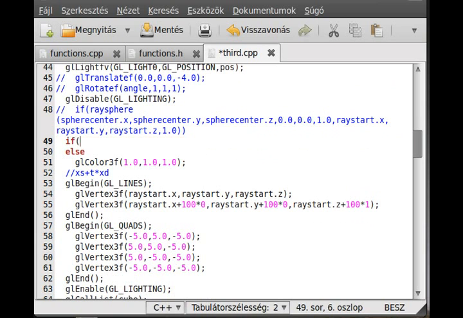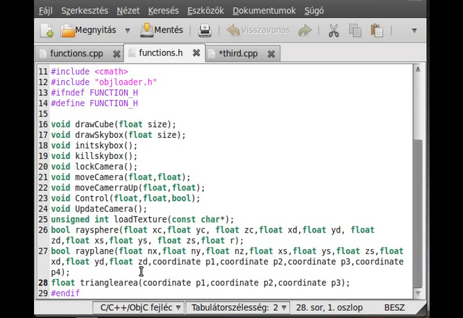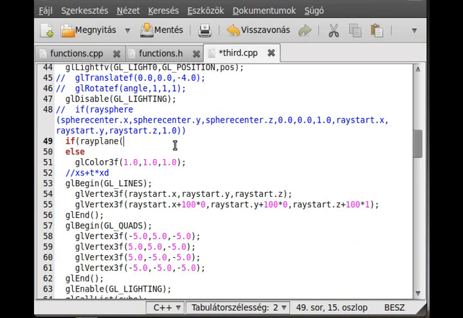So if ray plane, and now we can give first of all the normal vector, if I remember well. So ray plane, there is the normal vector of the plane. In this case it is 0.0, 0.0 and 1.0, so it is parallel to the z-axis and it's looking toward us.